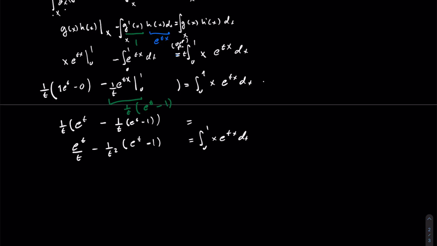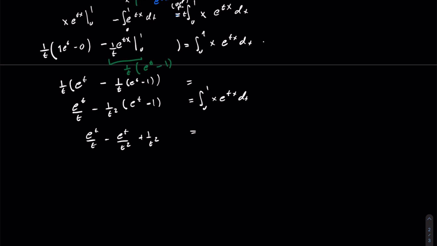Right, so let's see, we can do e to the t minus e to the t squared minus, well, that's a plus, t squared, and then this we can pull out.